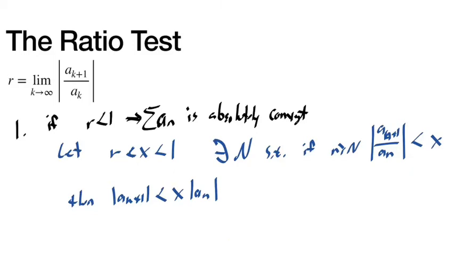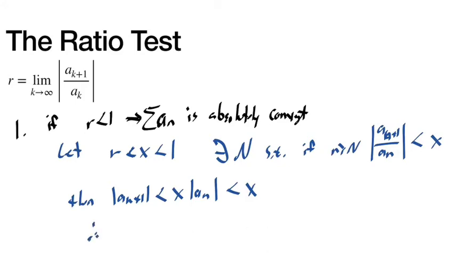So therefore, if you know that a_{n+1} is less than x times a_n, then you can simply let your n be large enough that your a_n's are less than 1, because they have to converge to 0. So that means it has to be less than x. You get some point where all of your a_n values are less than x.